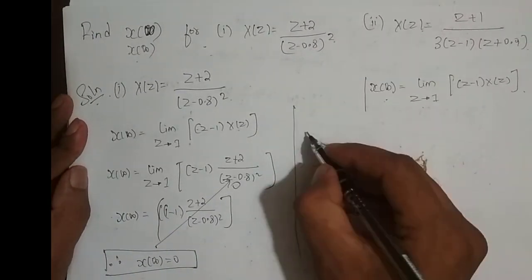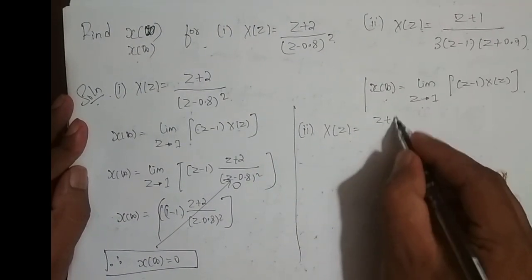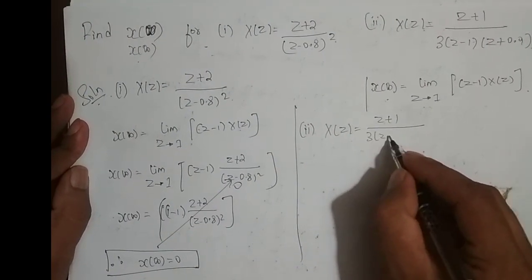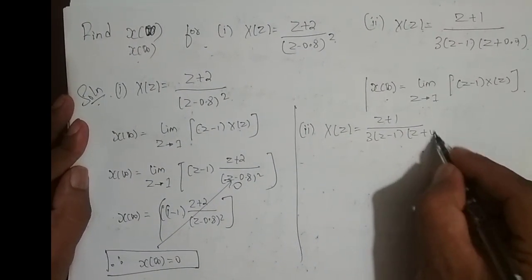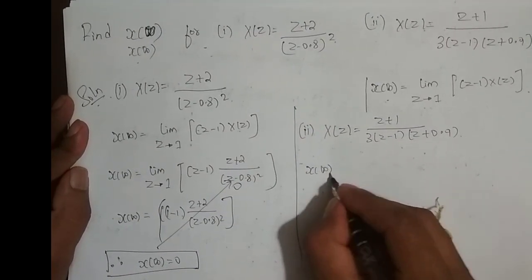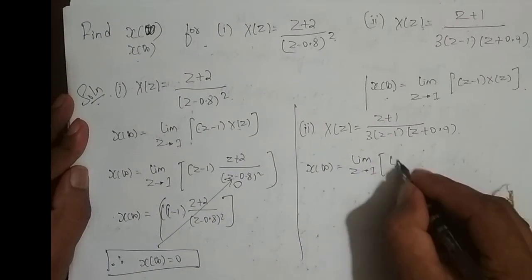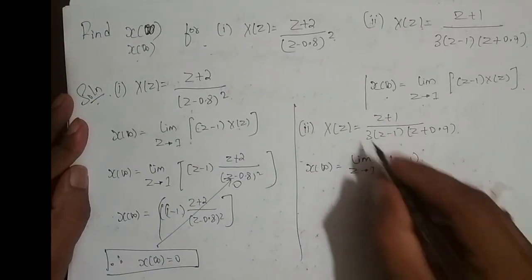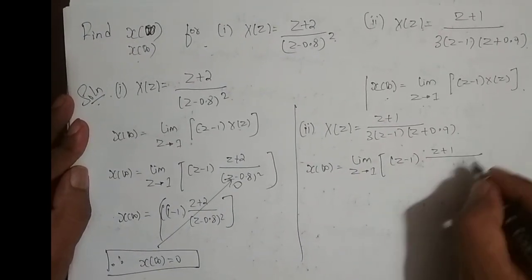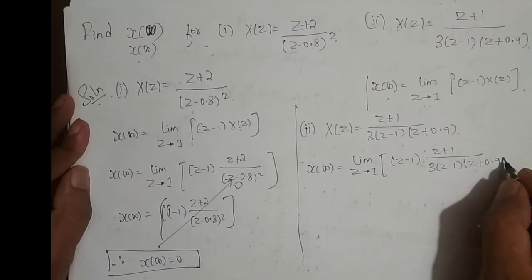Okay, next the second one, what do we have? X of z is equal to z plus 1 divided by 3 times z minus 1 into z plus 0.9. So x of infinity is what? Limit z tends to 1 of z minus 1 times x of z, but what is x of z? Z plus 1 divided by 3 into z minus 1 into z plus 0.9.